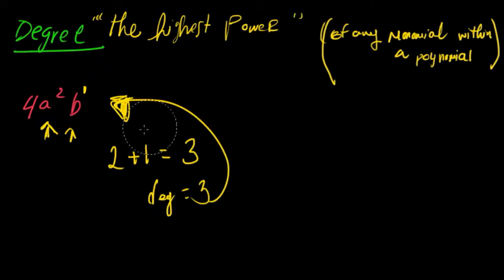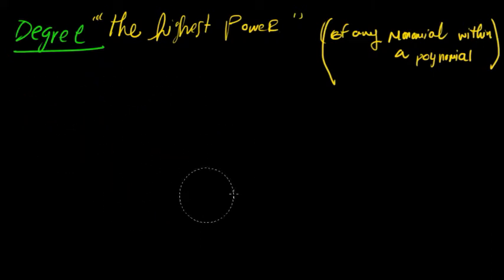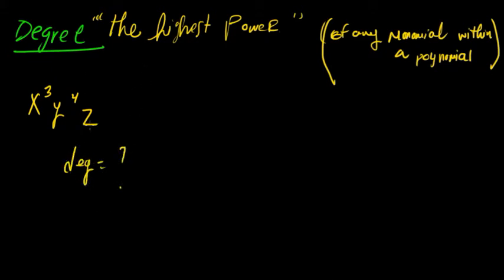Okay, let's get another example. The more examples you see on degrees, the better you'll be with it. If I have x cubed y to the 4th times z, and I said find the degree, well, the degree is equal to what? Let's add up the powers of all the variables.